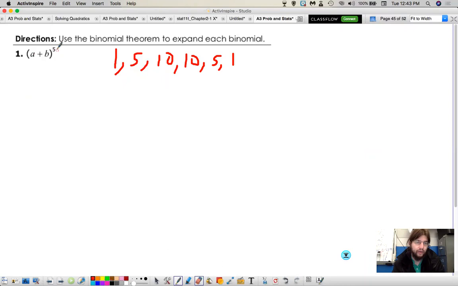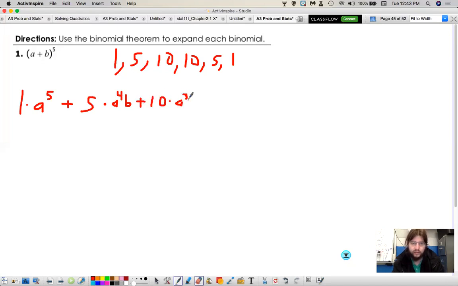I have the 5th power starting with a, so that's 1 times a to the 5th plus 5 times, reduce the power of a, increase the power of b. Every sum of your exponents should be n. So n is 5, that's 4 plus 1 is 5. Every time.